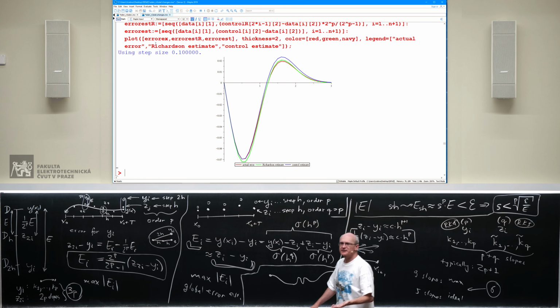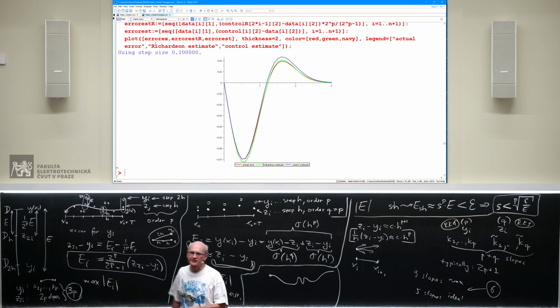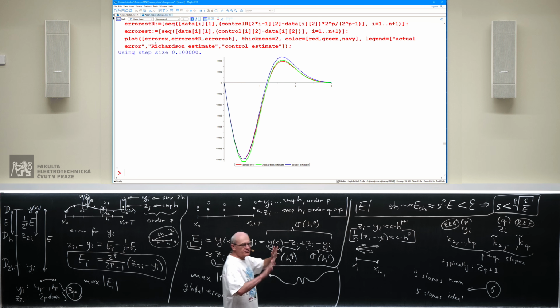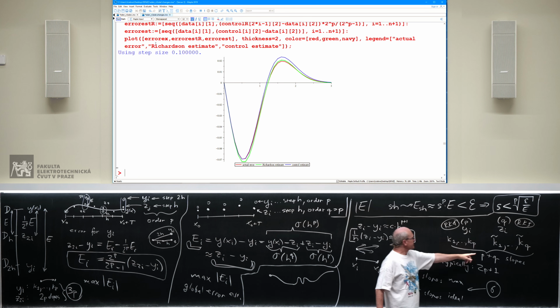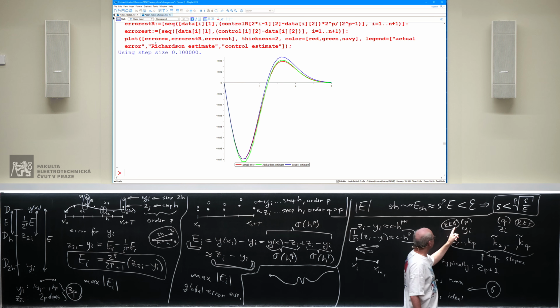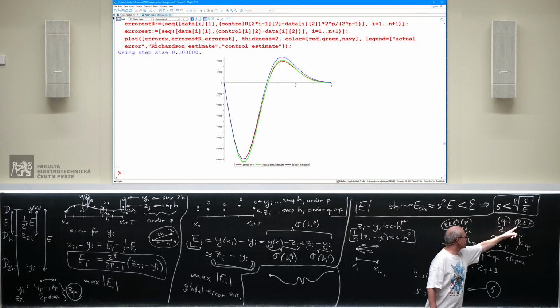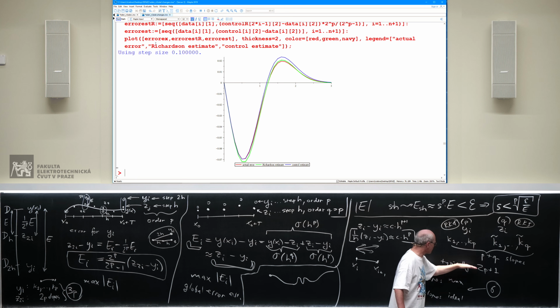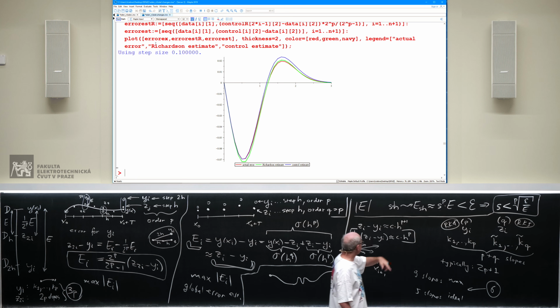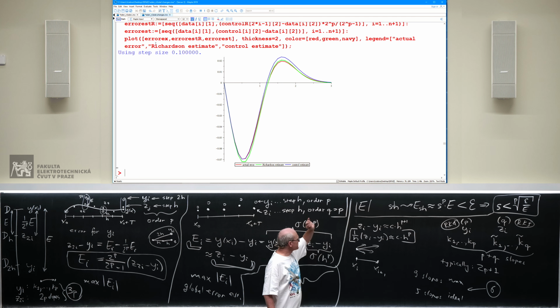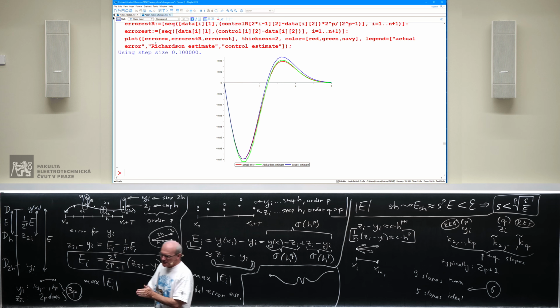This is one third down. This is big savings, one third. So let's have a look at the method which combines two ideas. First of all, it very smartly uses a modification of RK4 and RK5 to save on calculations of slope. And secondly, it uses this adaptive process of adjusting step size at each step. And this will be the most powerful method for today.